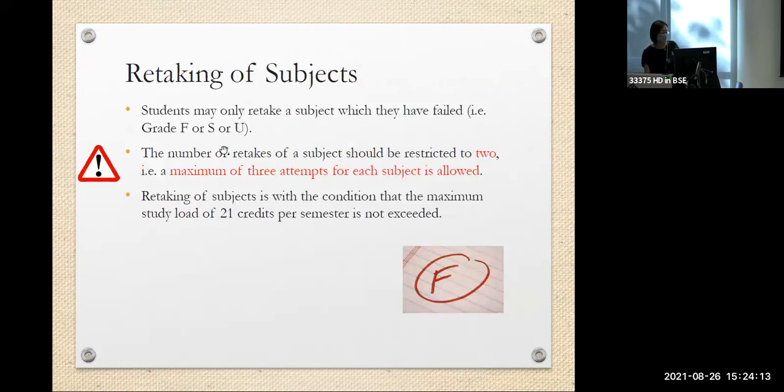Okay, retaking the subject. So as I've mentioned, you can only retake 2 times. The maximum number of retakes is 2. Okay, otherwise you will be deregistered once again. Okay, so retaking the subjects is with the condition that the maximum study load of 21 credits per semester is not exceeded.